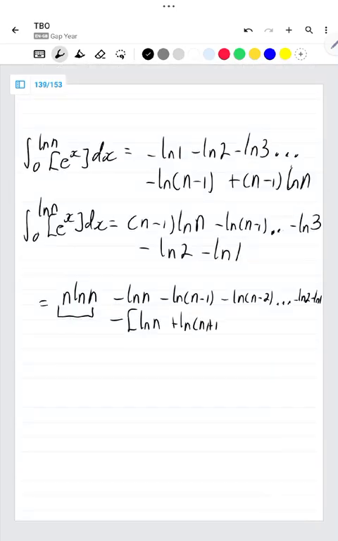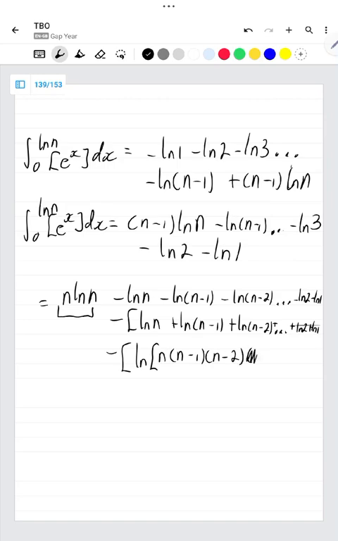So you can ignore that for now and deal with this other part. If I take out the negative, then that'll be log n plus log n minus 1 plus log n minus 2, then plus log 2 plus log 1. Using log rules, we can now multiply them all together.